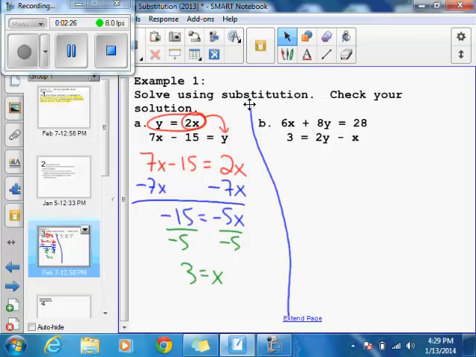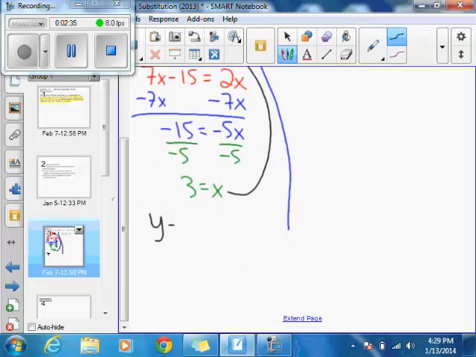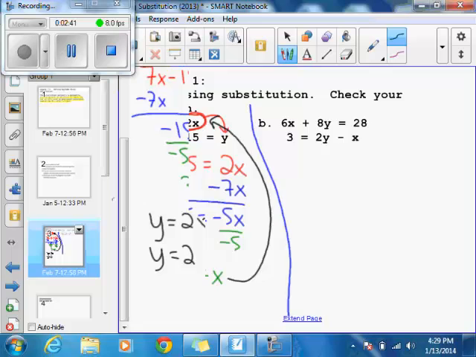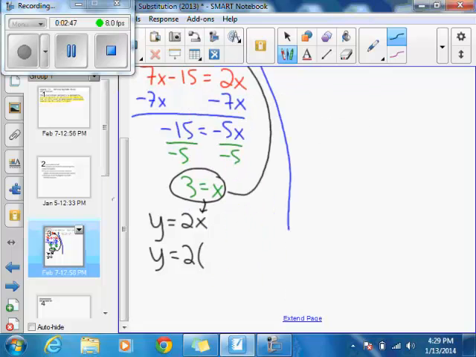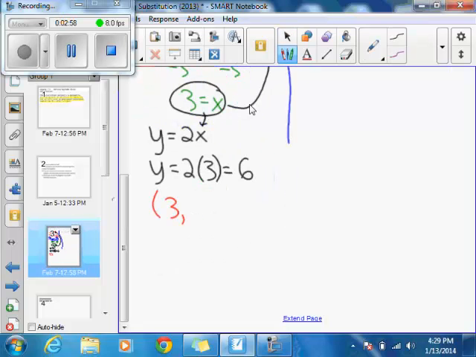The good news is that it's really easy to figure out the y-coordinate by plugging it back into that first equation. We know that y is equal to 2x. So instead of writing y equals 2x, we know x is 3, so we're going to replace x with 3. So y is 2 times 3, which is 6. So our ordered pair should be 3, 6.